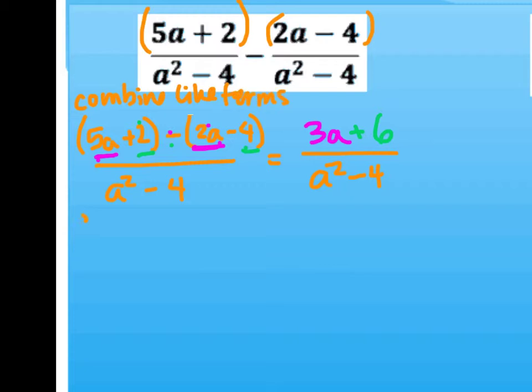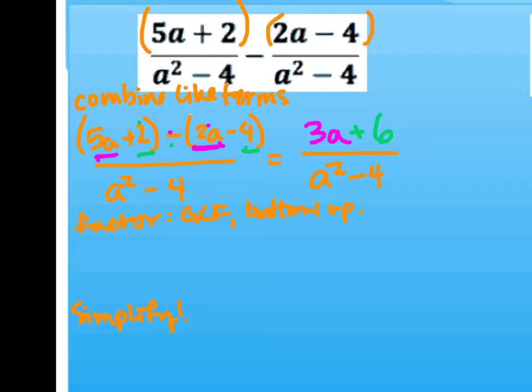Now we need to factor, and factor could mean GCF. It could mean bottoms up. It could mean perfect square trinomials or difference of squares. And then after that we will simplify.